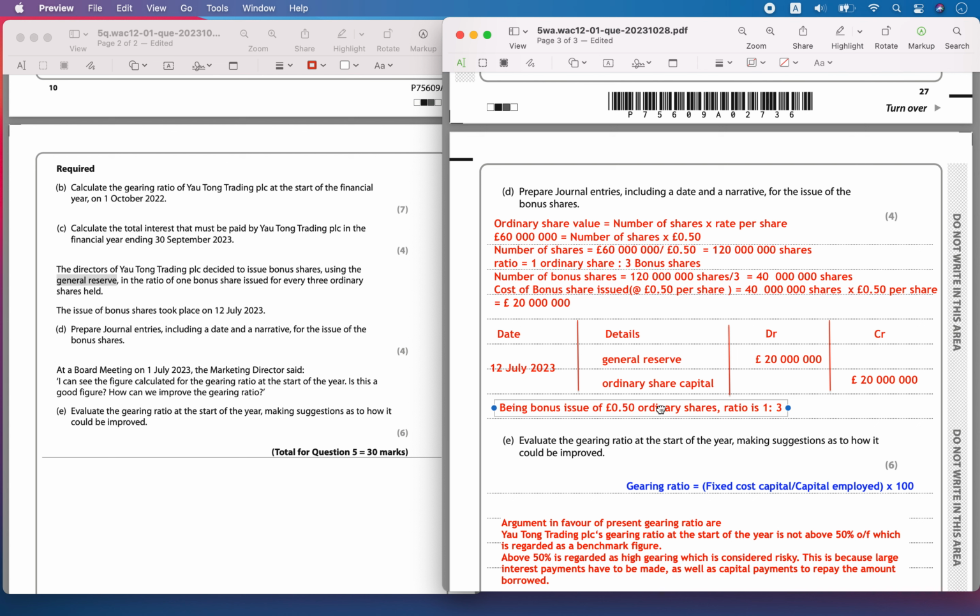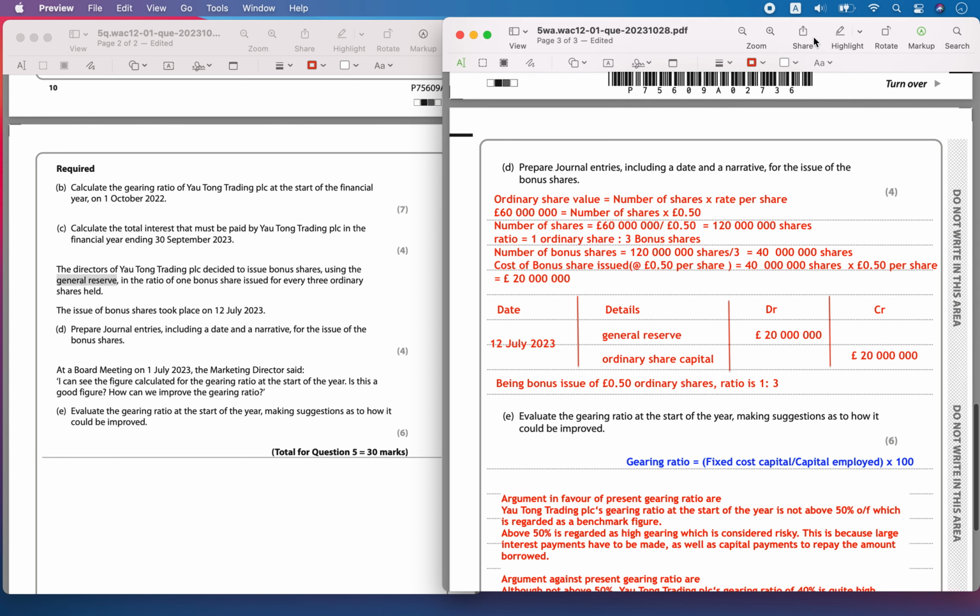You can just write a comment at the end to understand the journal entry.